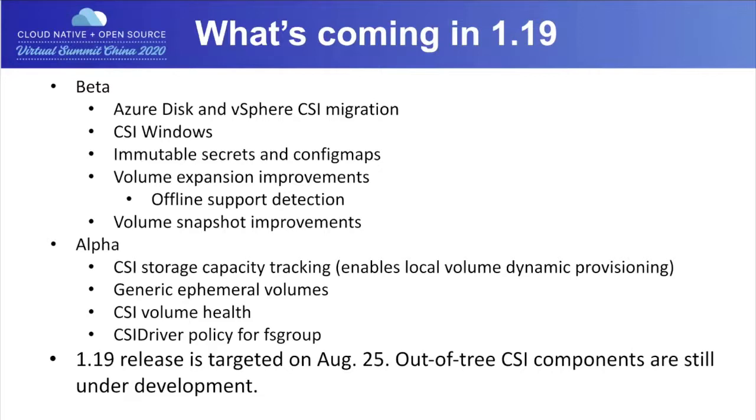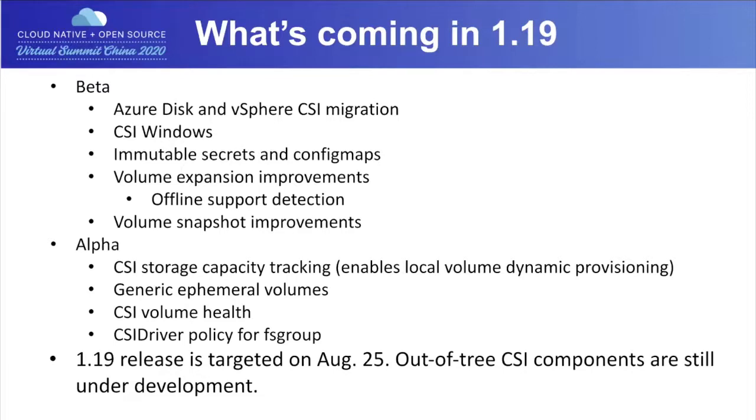First up is CSI storage capacity tracking. So this feature gives a way for a CSI driver to report how much capacity they have for a storage pool on a particular topology.